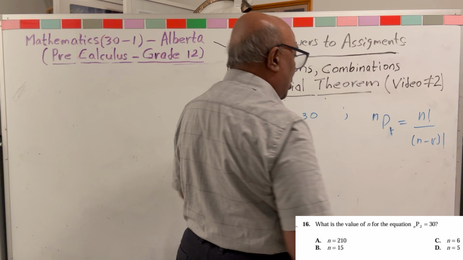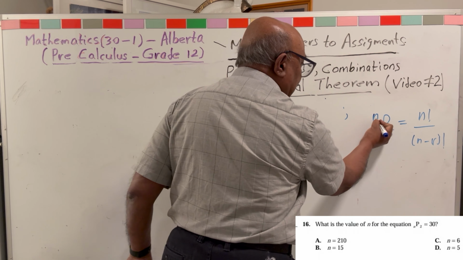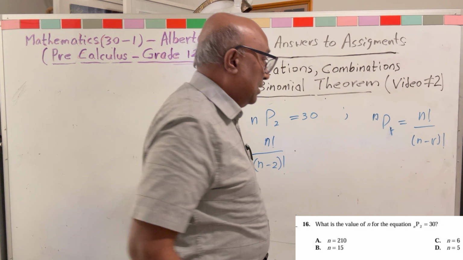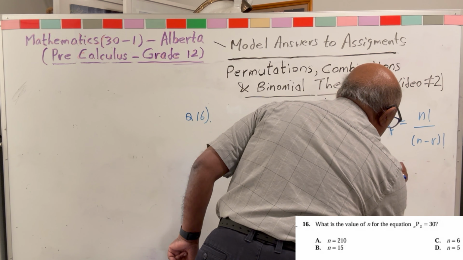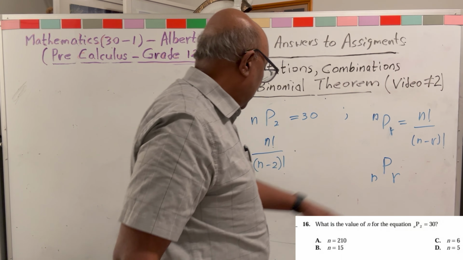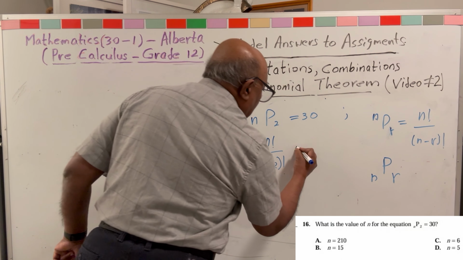Actually, there are two styles of writing this. Some people write n in the top left and r in the bottom right. Otherwise, some people write it the other way. Both notations are correct, okay? Equals 30.